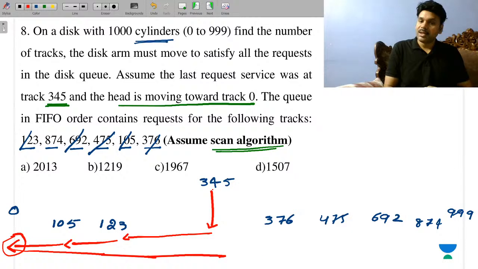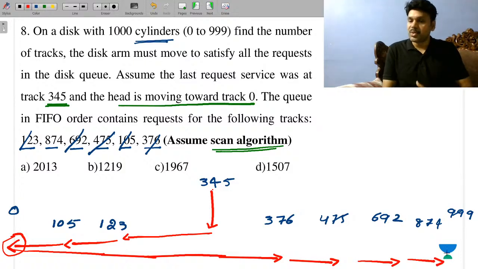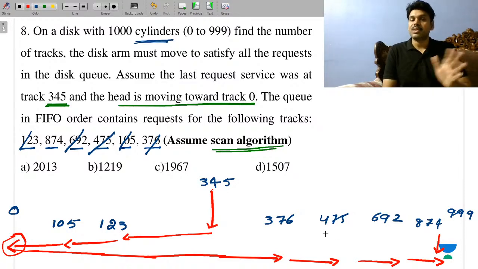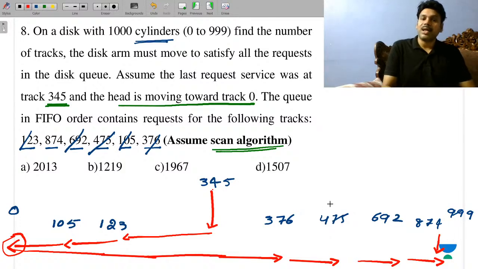It goes and satisfies 376, 475, 692 and 874. So there it is going to stop. It is not going to touch the far end. If you are traversing towards the right side, it touches the right end, but it is not going to touch what? Your front end. So this is how the scan algorithm works. By doing the summation, you are going to get the answer.